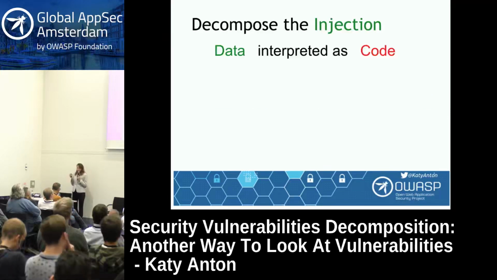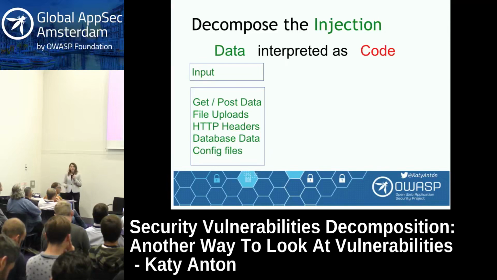The injection occurs when you have some type of data, which is then combined with a sort of syntax. That result is then sent through a parser, and that's when it ends up being executed as code. So the data, which is not only from GET and POST, but also from a wide variety of sources like HTTP headers, file uploads, configuration files, data from the database.